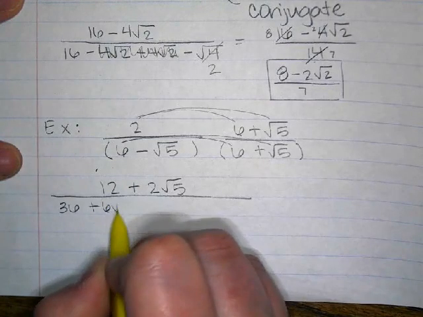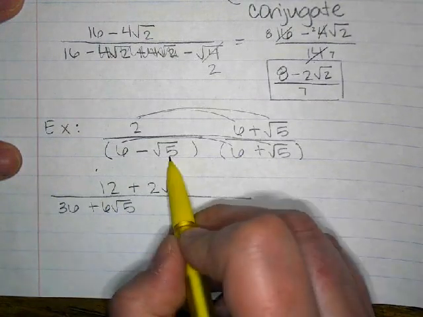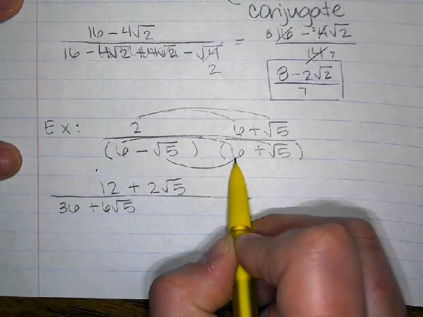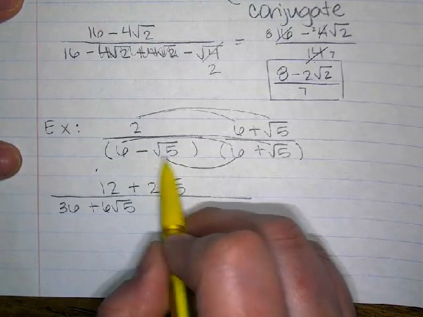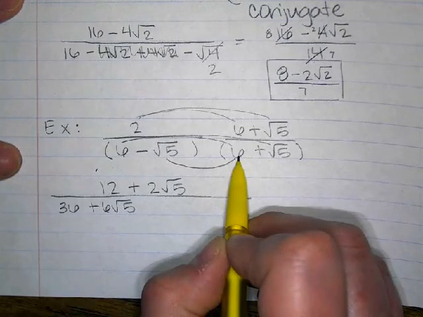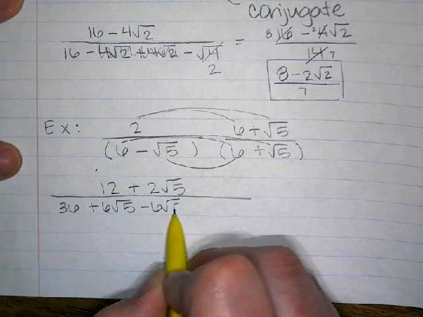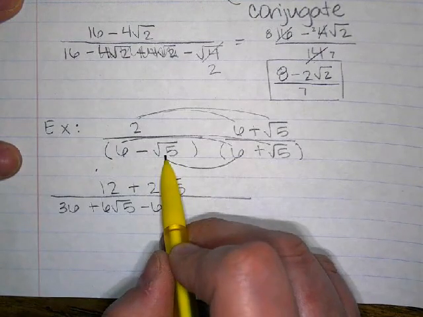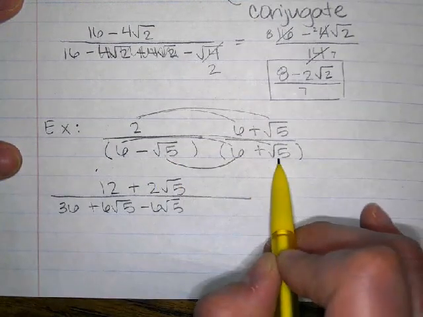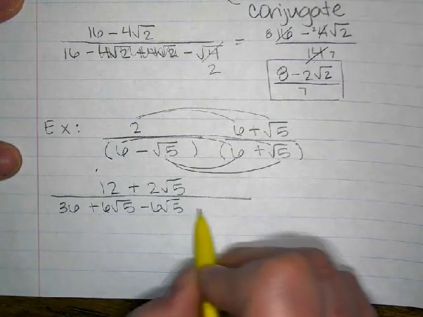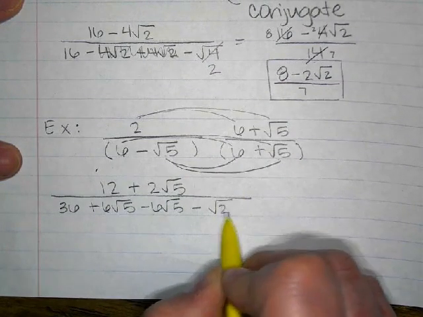Negative root 5 times 6, negative 6 root 5, okay. And then negative root 5 times positive root 5. Negative root 25, which is just 5.